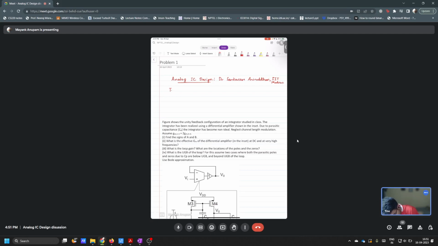Myself, I am the tutor for both these tutorial sessions, and my name is Mayank Anupam. I am a PMRF scholar. I am currently pursuing a PhD at IIT Kanpur.